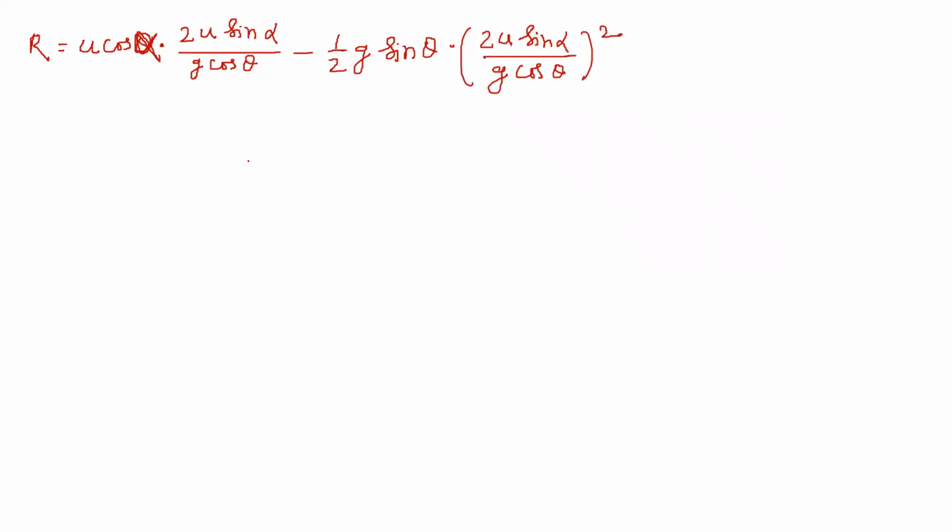Isn't it? Then let's solve using trigonometry. Students, here U and U give 2U square, so we can write 2U square into cos alpha into sin alpha divided by G cos theta.